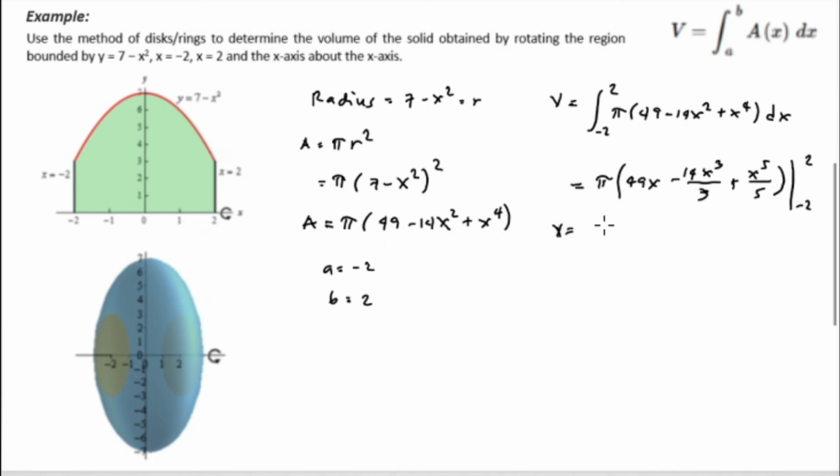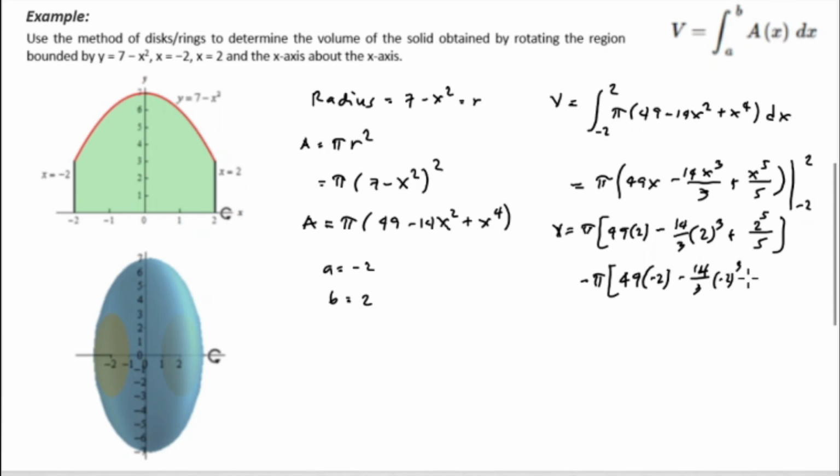So volume is equal to pi. For the first limit we have 2, so 49 times 2 minus 14 over 3 times 2 cubed plus 2 exponent 5 all over 5, and the lower limit, which is equivalent to negative of pi, which is 49 times negative 2 minus 14 over 3 times negative 2 cubed plus negative 2 exponent 5 all over 5 and close parentheses.